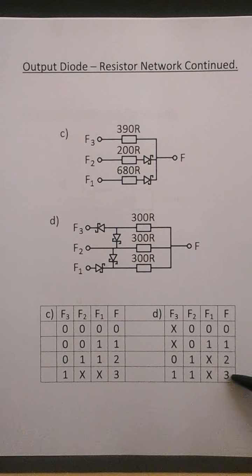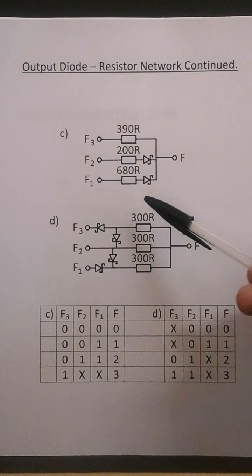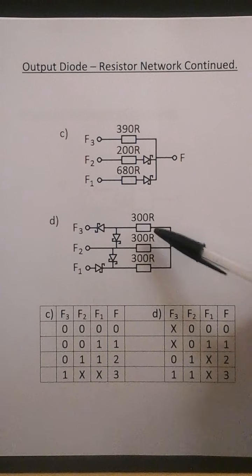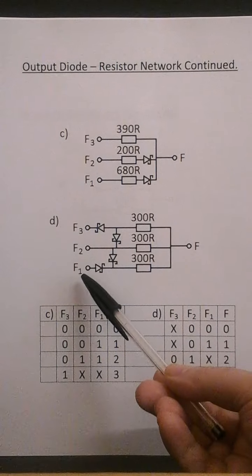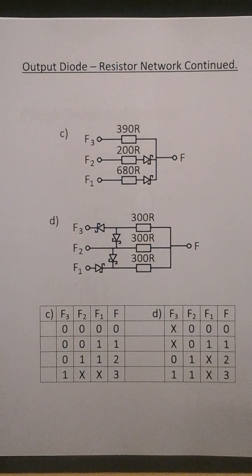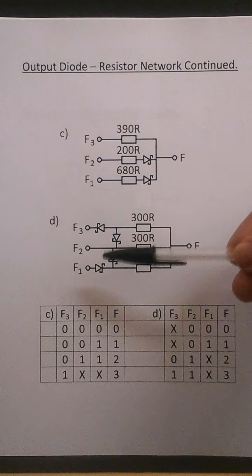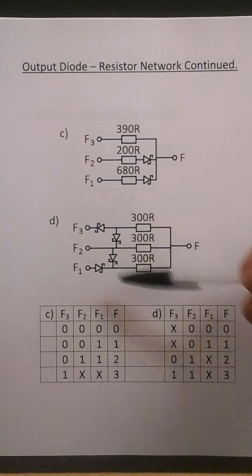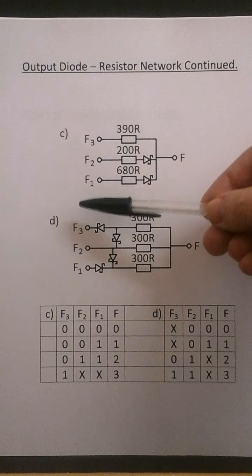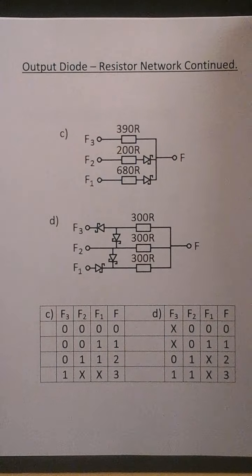Right, and if F is a 3, F3 is a 1, and it doesn't matter if F1 is a 0 or 1, because it's reverse biased. For logic 2, F2 is a 1, F1 doesn't matter if it's 0 or 1, because current flows through those resistors and down through this resistor. Right, that took a bit of explaining. I hope it makes sense.